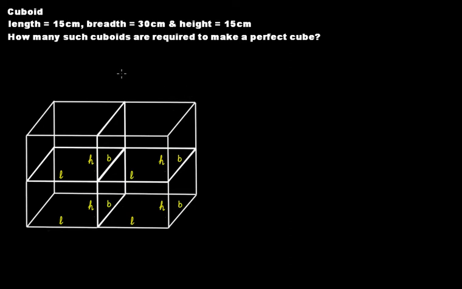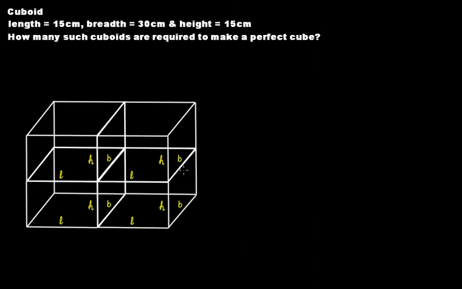So if you look at this figure as one single unit, then its breadth is 30 centimeter, length is 30 centimeter, and its height is also 30 centimeter. Length is equal to breadth is equal to height. Therefore, it's a perfect cube.